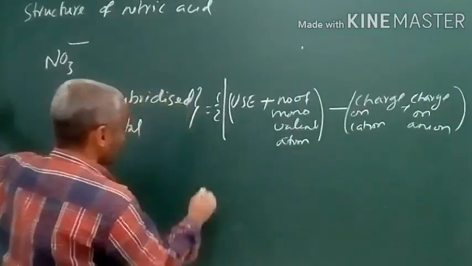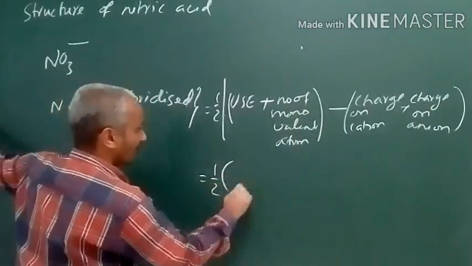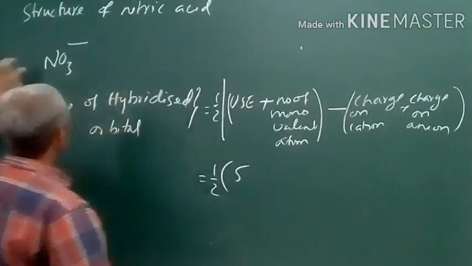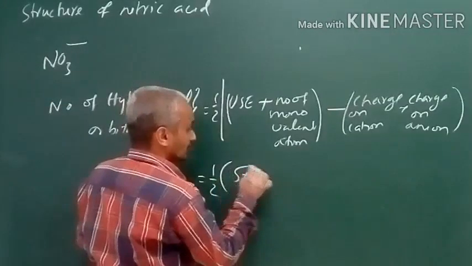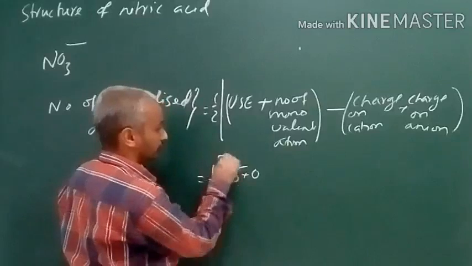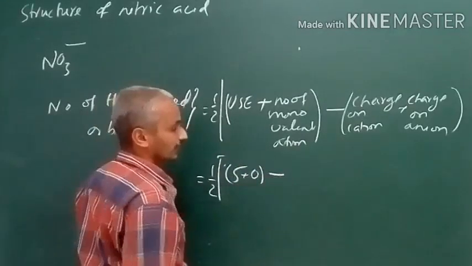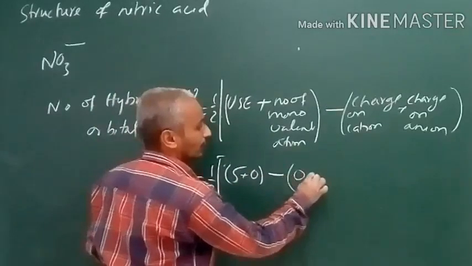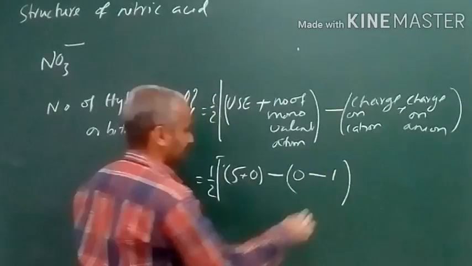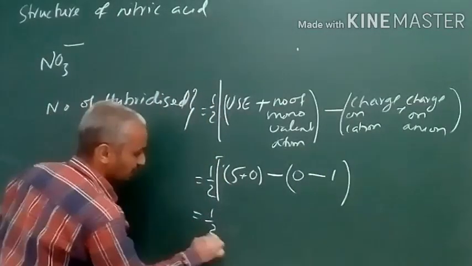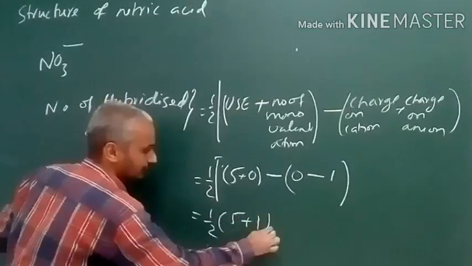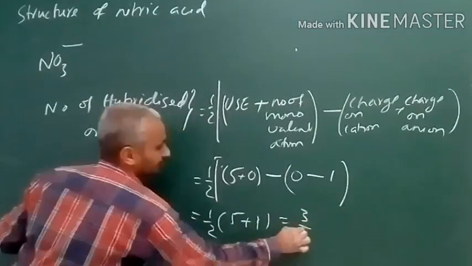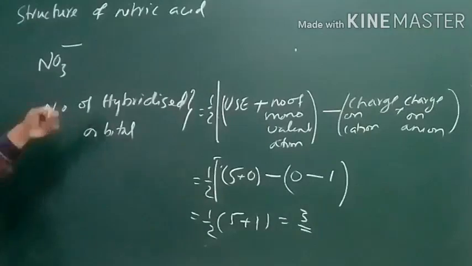So half into the valence electrons, 5. There is no monovalent atom, so it is 5 plus 0. The charge on the cation is 0, but the anion is minus 1. So it is again half into 5 plus 1, which gives 3. Like this also we can see sp2 hybridization.